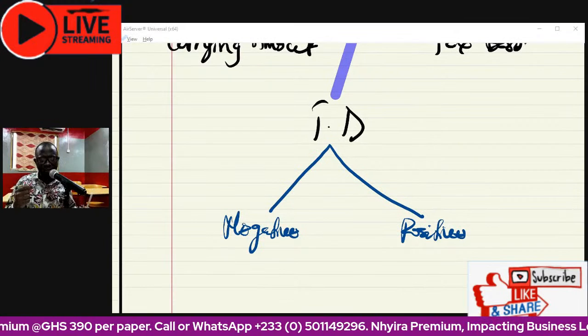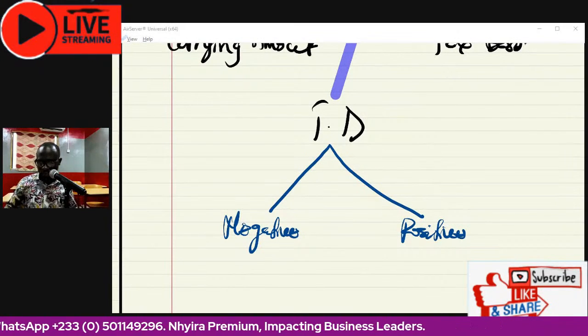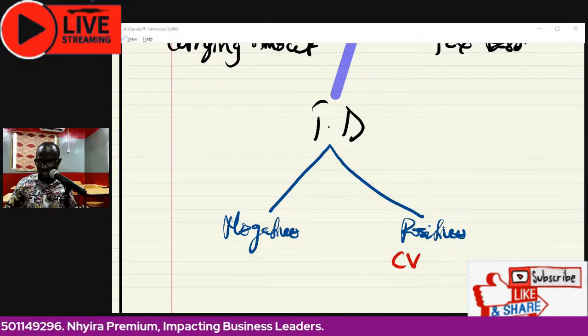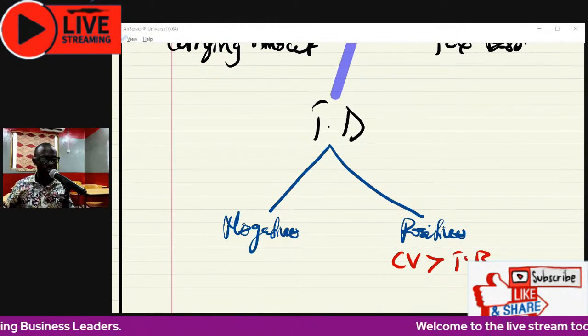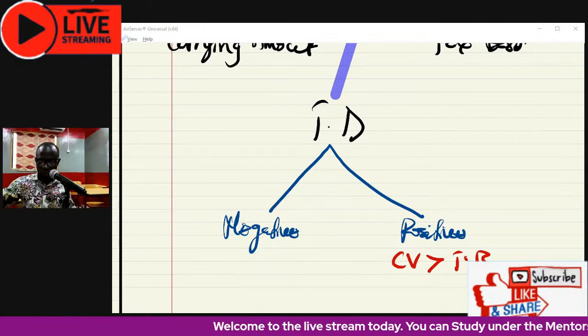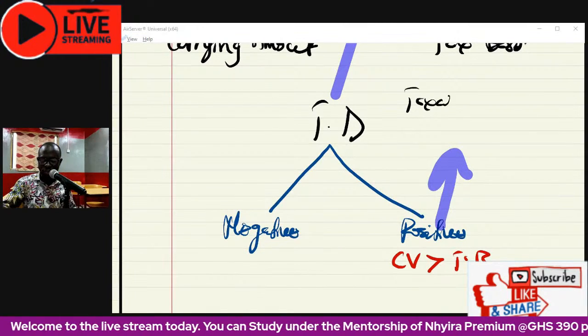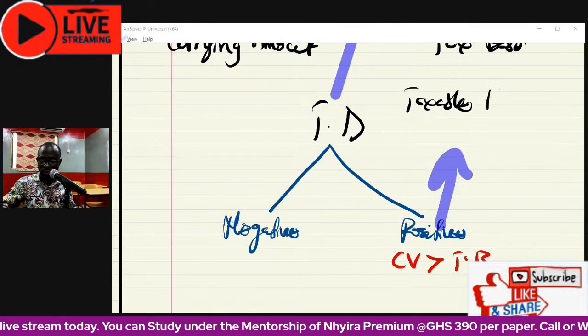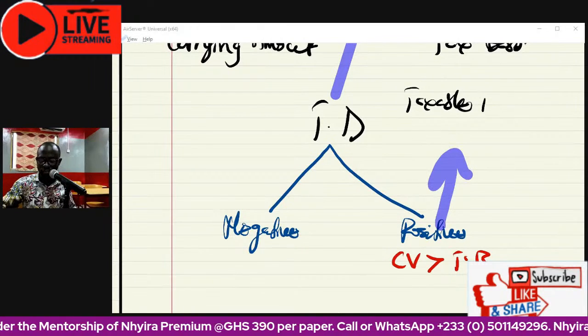When the temporary difference is positive, it simply means that the carrying amount of the asset is greater than the tax base of the asset. For that reason, this results in a taxable temporary difference. And I'm going to explain this for you in a moment. A taxable temporary difference.